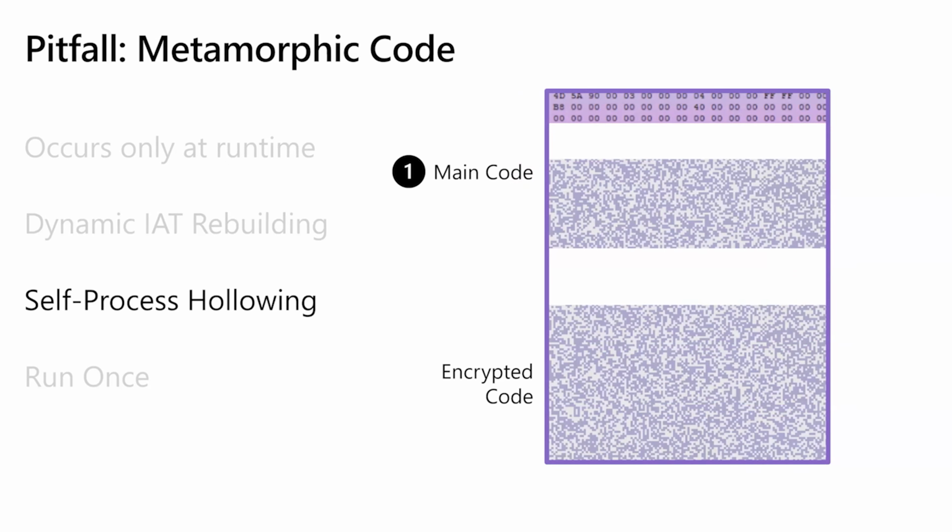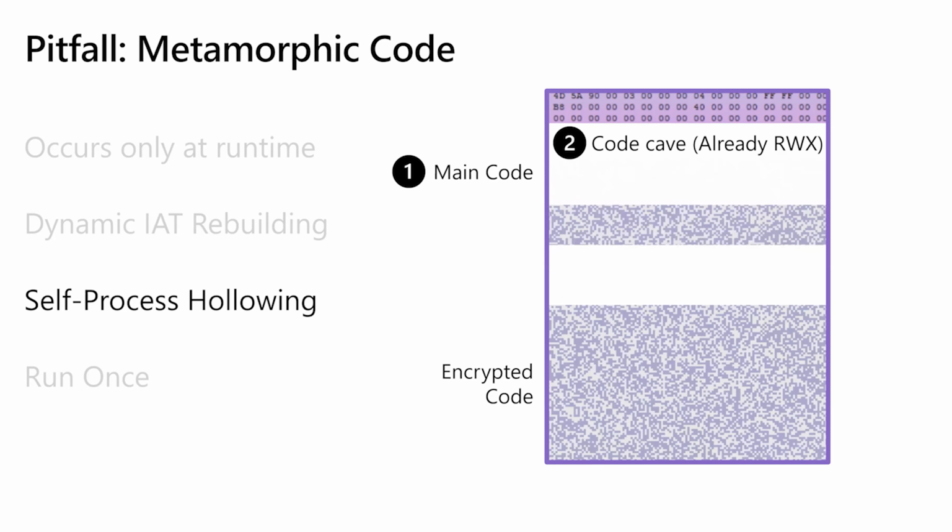All right, and then self-process hollowing. I've only seen this in more APT-level malware or bigger RATs that have more code in them. What it does is it extracts a code chunk from the main RWX area.